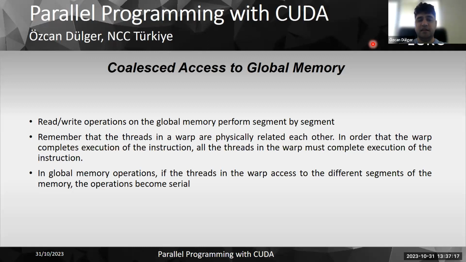Remember that the threads in a warp are physically related to each other. So in order that the warp completes execution of the instruction, all the threads in the warp must complete execution of the instruction. So in global memory operations, if the threads in the warp access different segments of the memory, the read operations become serial.